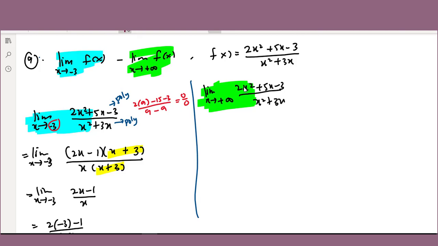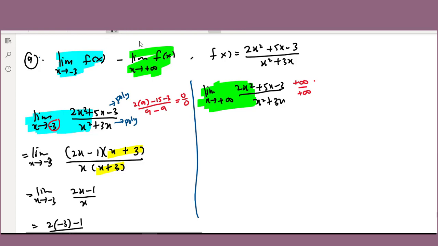Substitute directly. When we substitute, the numerator at positive infinity, and the denominator also positive infinity. So this is considered indeterminate form. It is not equal to 1, because we don't know which one is bigger. We don't know the exact value. So we call it indeterminate form.